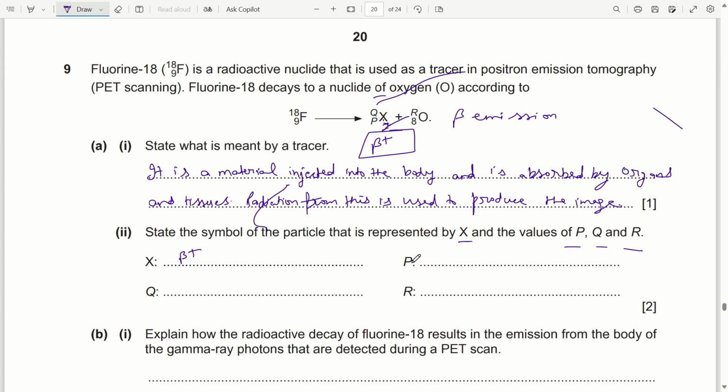Now what will P be? P here will be 1, because a beta particle we can represent as 1 and 0. So Q will be 0, and R will be, if Q is 0, according to the law of conservation of mass, if 18 is here and Q is 0, then R should be equal to 18.